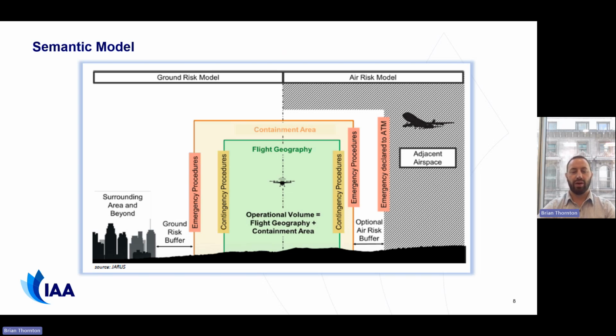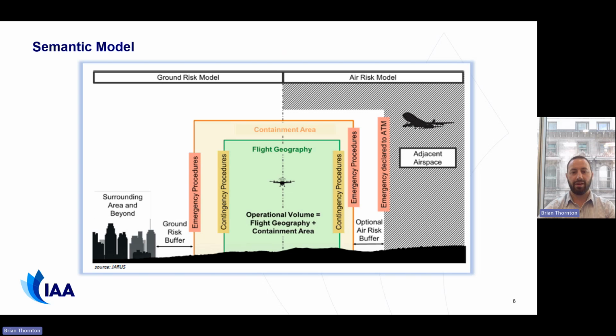Okay, so there's two elements to a UAS operation, and what risks can apply or can be affected by you flying your drone, or flying your UAS. When you consider ground risk and air risk, you want to operate somewhere in the middle of that, and that's your flight geography.